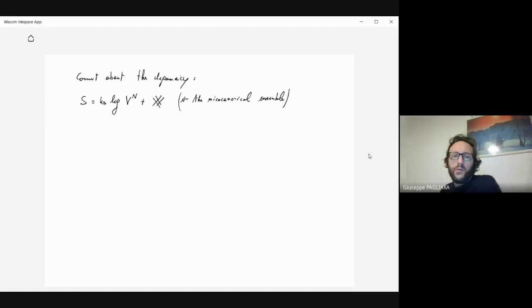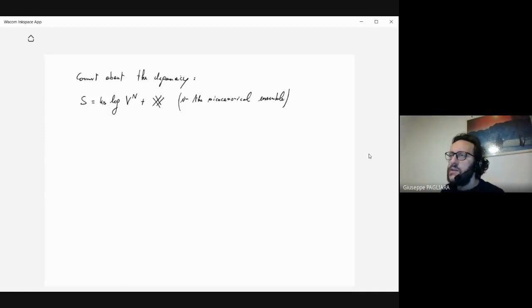If you remember, the calculation was to compute the volume of a layer in the hypersphere of the phase space.